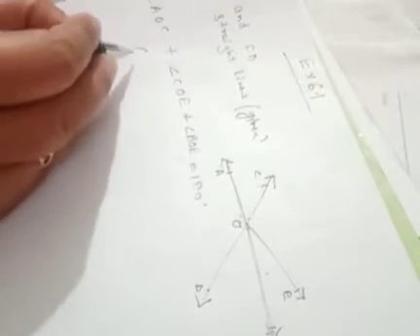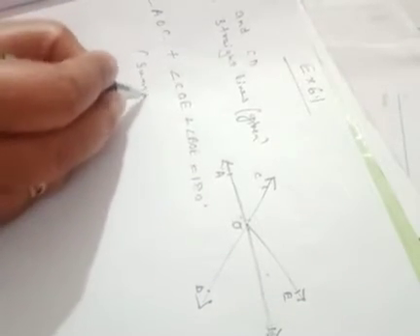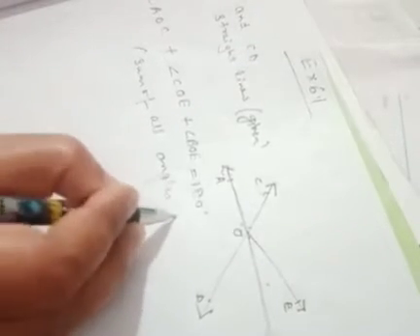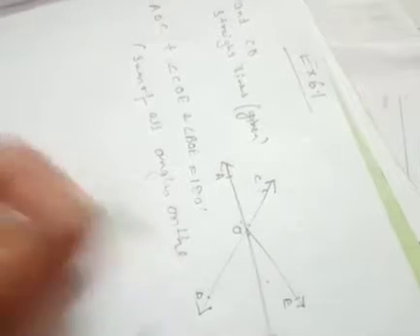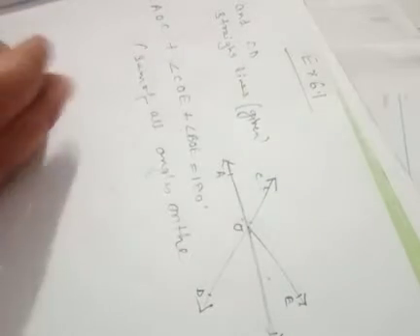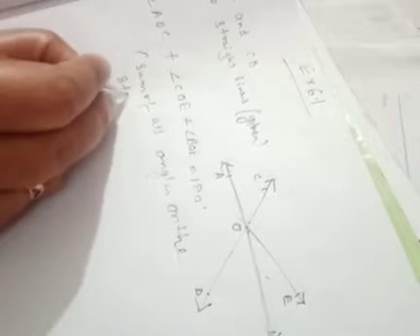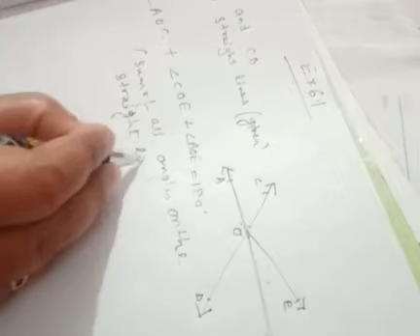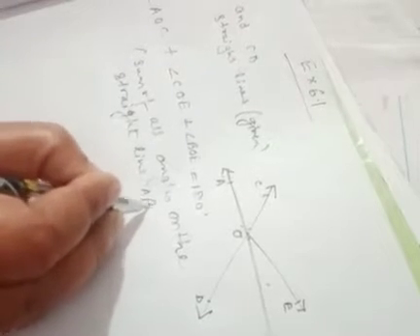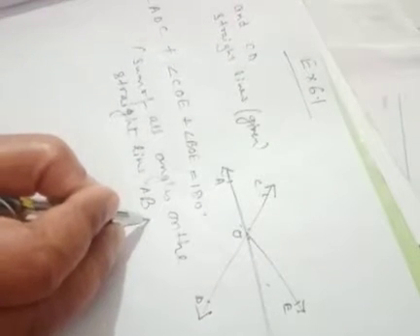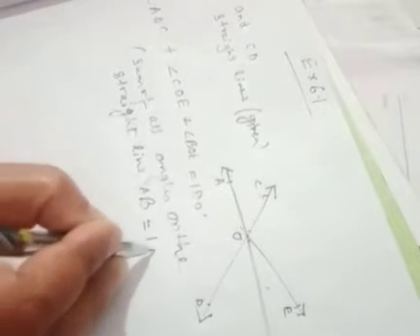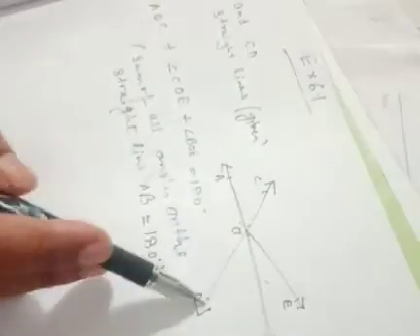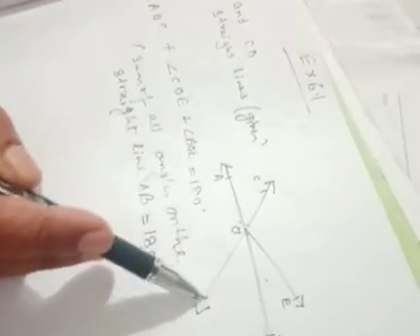What is the reason? Write down: sum of all angles on the straight line AB is equal to 180 degrees. Next, now take the straight line CD.